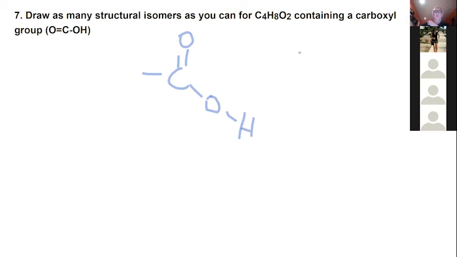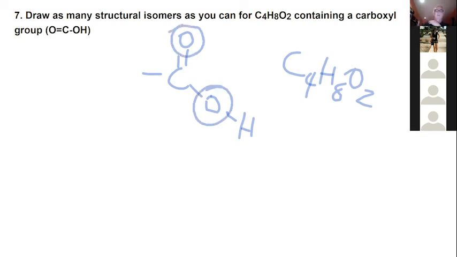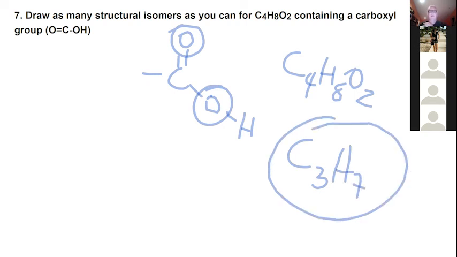So I have 4 carbons, 8 hydrogens, and 2 oxygens. And you can see that this has 2 oxygens already. So basically, what I'm left over with is C3H7. That's what I have to play with.